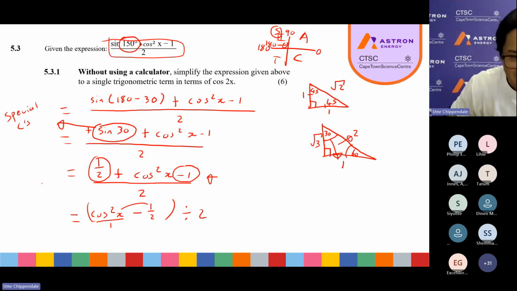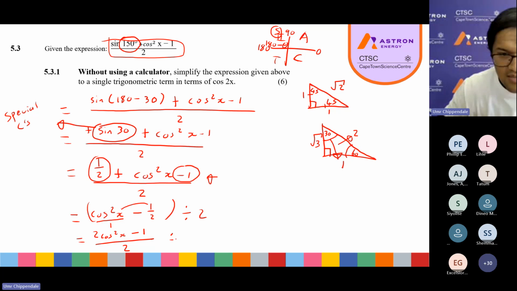So this is what we're left with. 2 times cos squared x is 2 cos squared x, and that's going to be over there. And then 1 times -1 is still -1, and 2 multiplied by 1 is 2. So that is this, and that is going to be divided by 2. But whenever we take a fraction and divide, by now we all know that we can just swap it around.